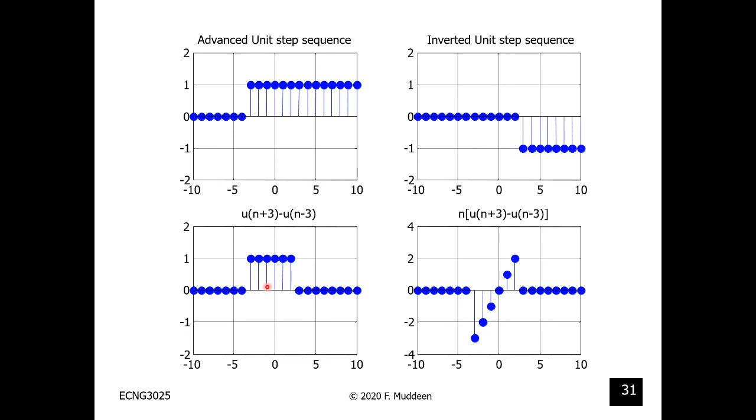And this rectangular window occurs in between positive 3 and negative 3. If we took this same rectangular window and multiplied it by n, this changes from a constant behavior to a linear behavior for the same indexes of n between positive 3 and negative 3.